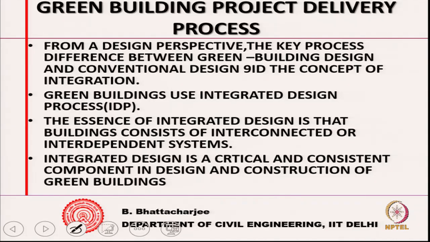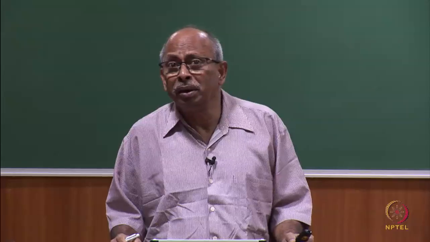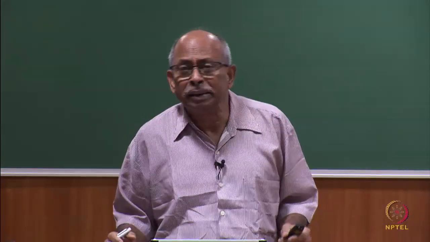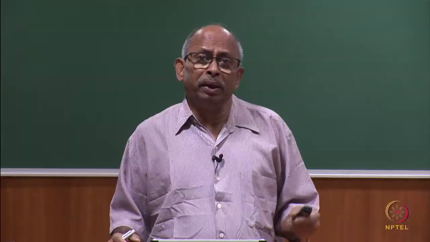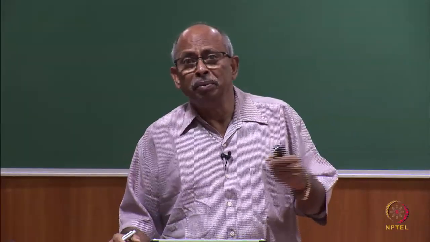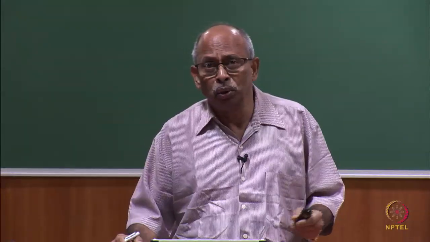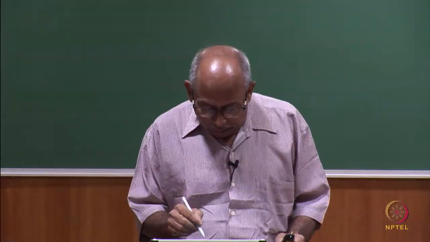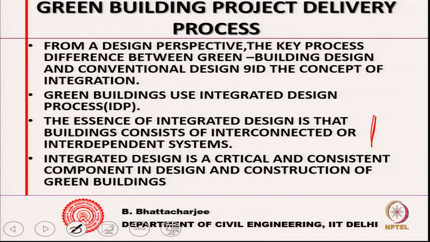or interdependent systems. Now, that we know very well, building is the most complex of infrastructure, and it will have several interconnected systems, including trades of civil engineering, electrical, services of various kind, mechanical, and so on and so forth. And therefore, integrated design is important, right, with interconnected and interdependent systems. So, it is a critical and consistent component in design and construction of green building.